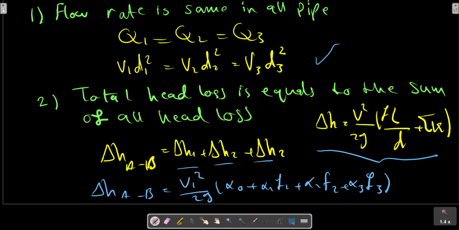If the flow rate is given, we can evaluate the right hand side and hence the total head loss.